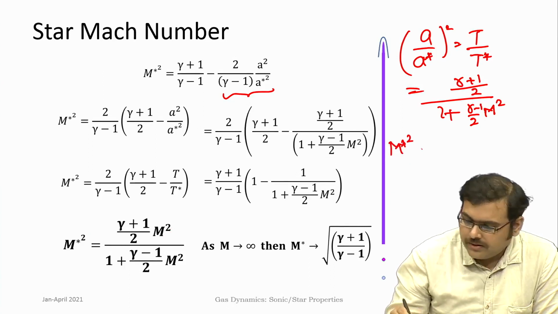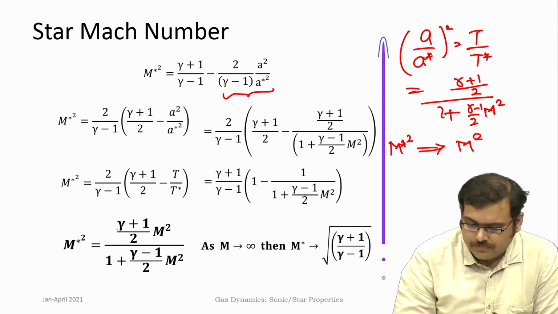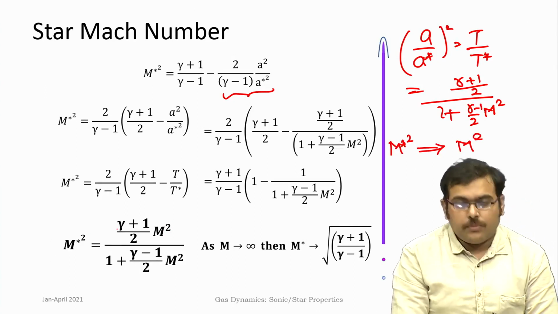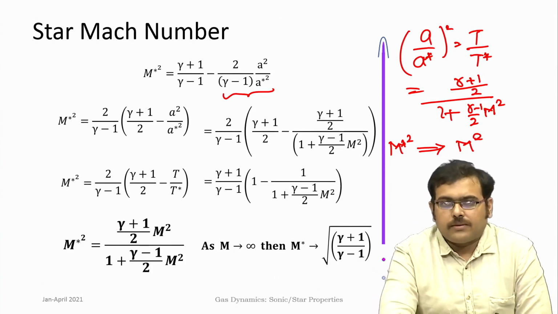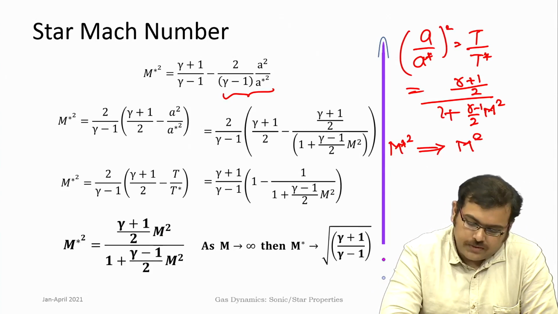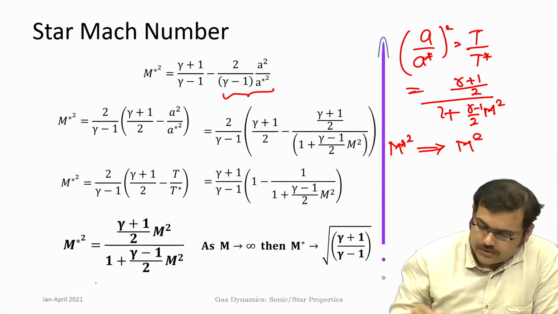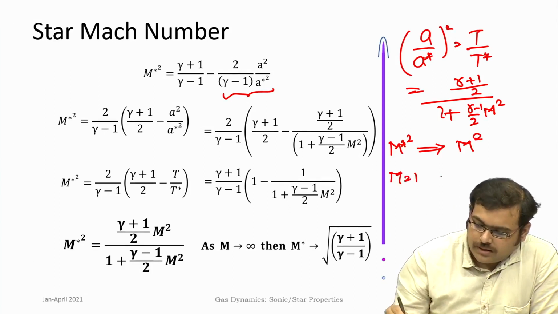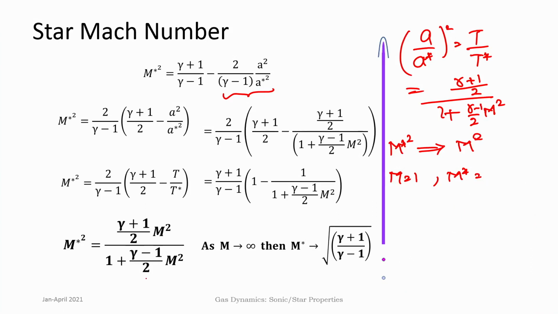M star square is related to Mach number M square and gamma. Now the advantage with this Mach number is that as Mach number goes to infinity... When Mach number is equal to 1, M star is also equal to 1, because (gamma minus 1)/2 plus 1 is (gamma plus 1)/2.